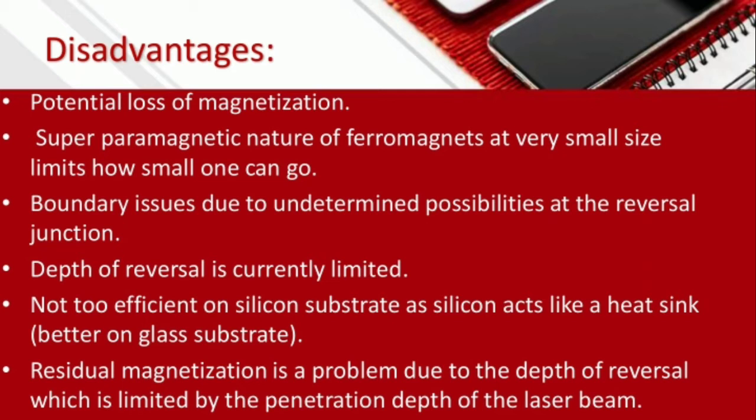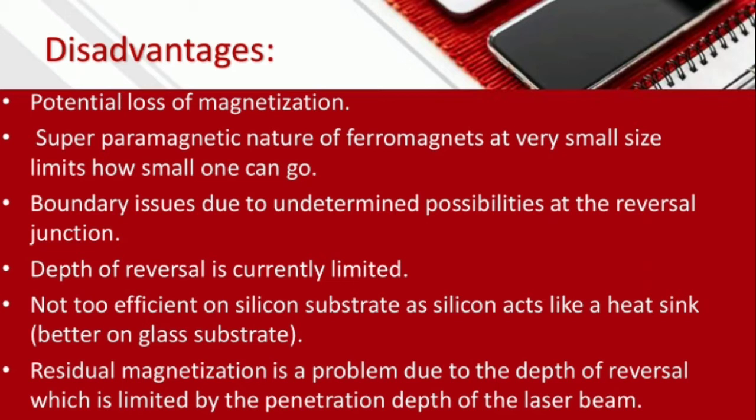Third, boundary issues due to undetermined possibilities at the reversal junction. Fourth, depth of reversal is currently limited. Fifth, not too efficient on substrate, as silicon acts like a heat sink; better on glass substrate.